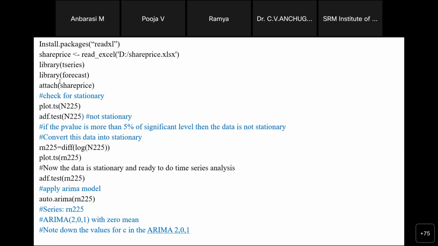First, we have to install the packages, and then read the data set. After that, we have to import the libraries: the library of tseries and forecast. These are the two packages required for implementing this ARIMA model.